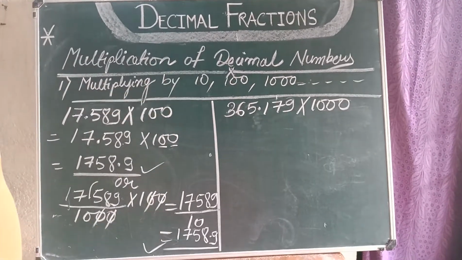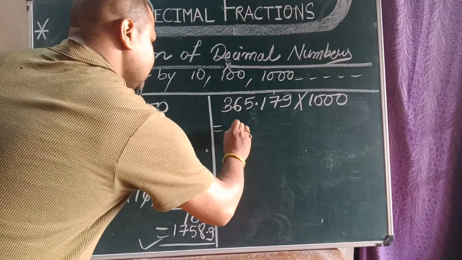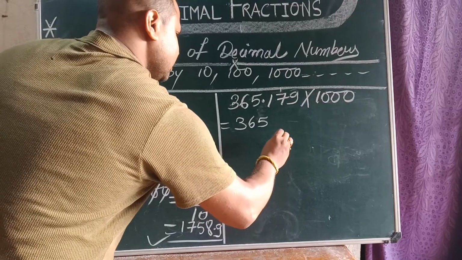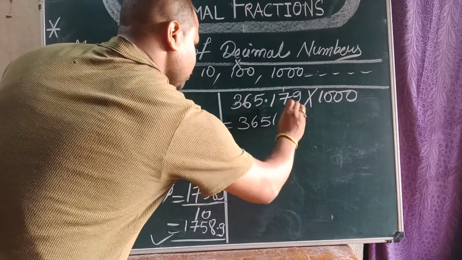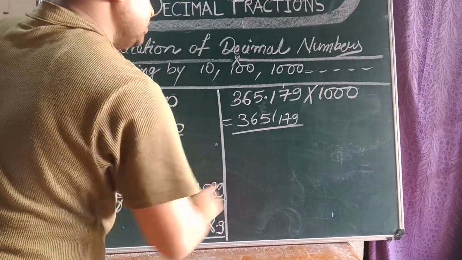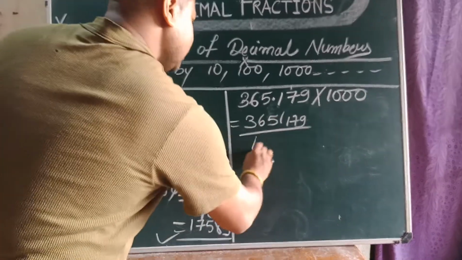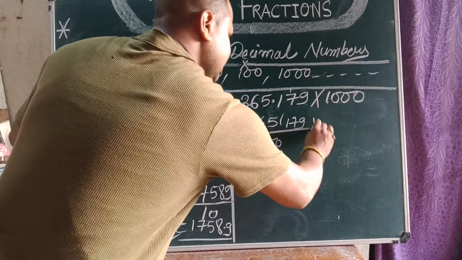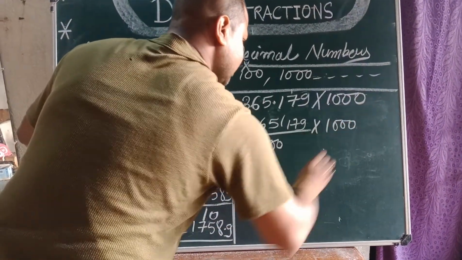Similarly, we'll go for the 1000 one. 365.179. So the point we will remove. So how many zeros will be placed in the denominator? 1, 2, 3. So 3 zeros came. And into what is given? 1000.